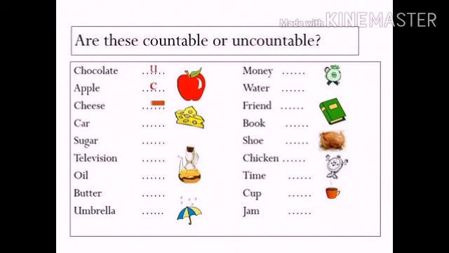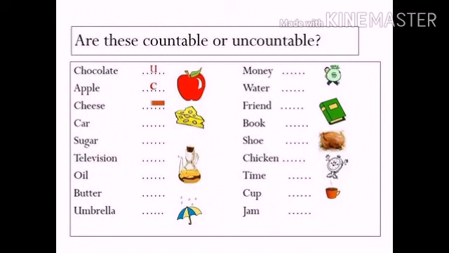Butter. It is an uncountable noun. What about umbrella? Very easy one. Yes, Nandida. It is a countable noun. Very good. What about money? Shreya, tell me. Is money a countable or uncountable noun? We just studied. Think.